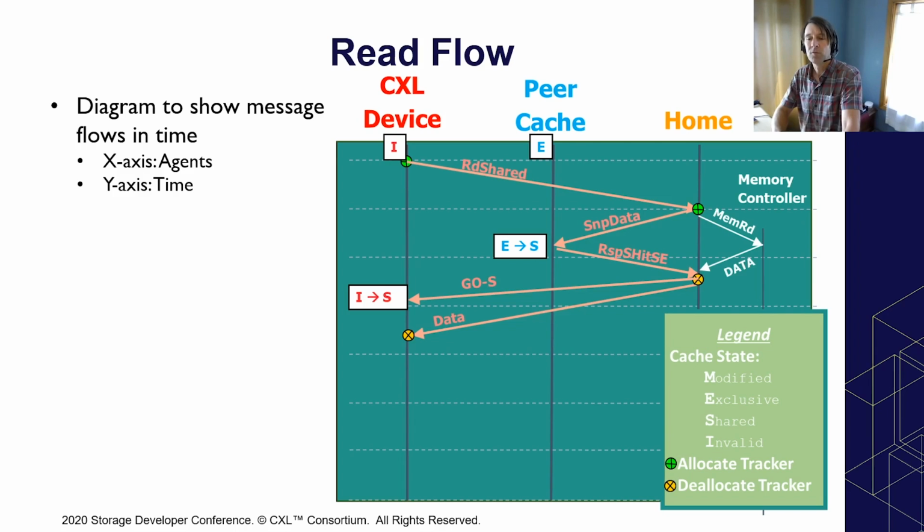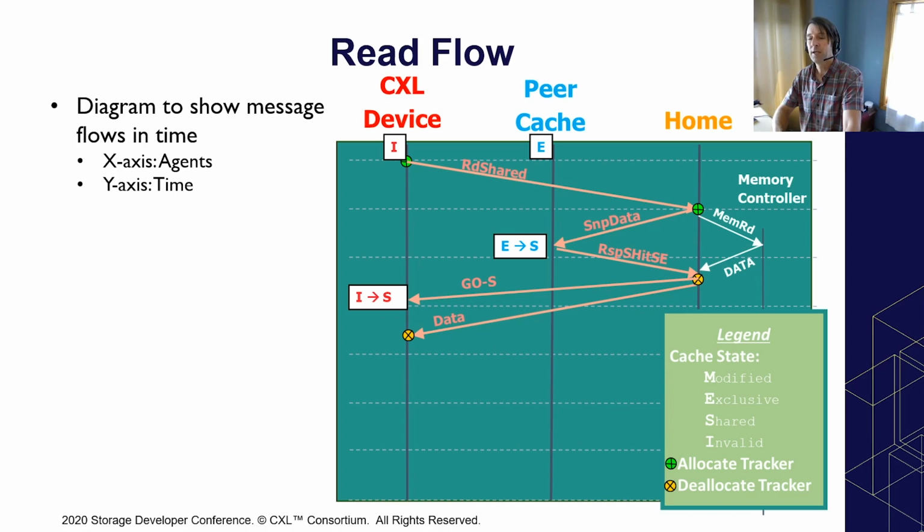So looking at a read flow, in this example we have the CXL device issuing read shared to the home. The home is responsible for managing coherence between all the caches. And in this case, the read shared comes in and the home knows that it needs to snoop the peer cache because the peer cache has cache state, in this case, E state.